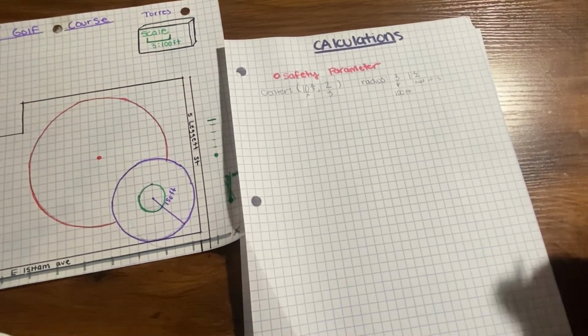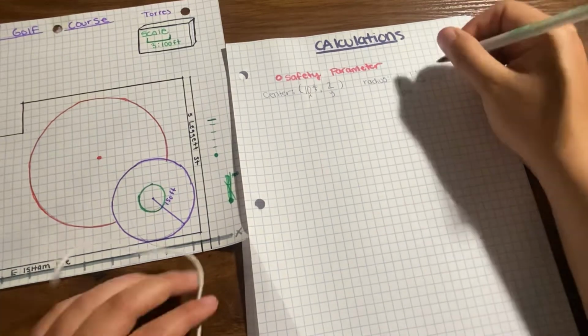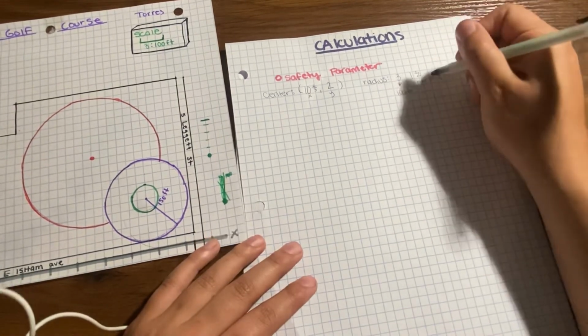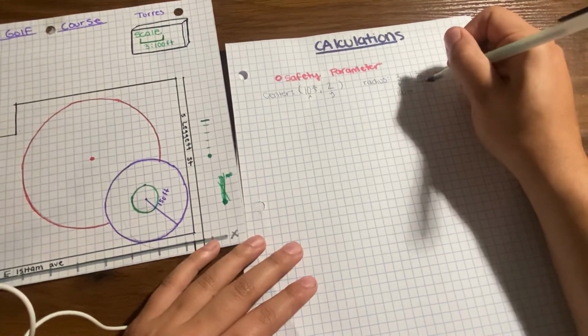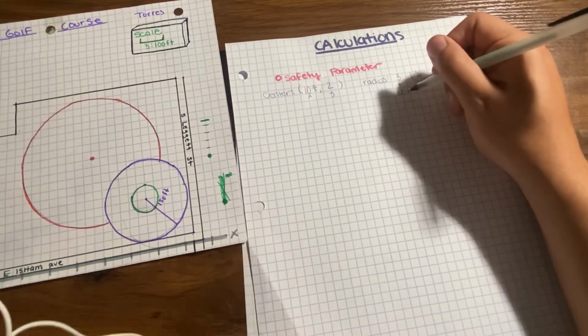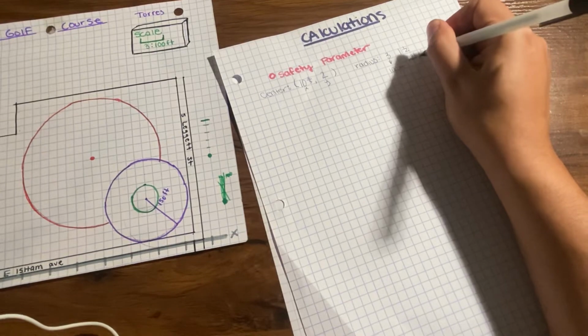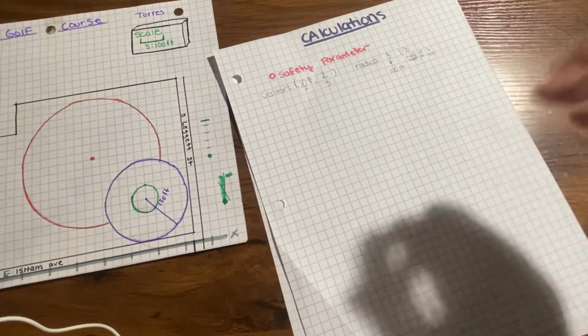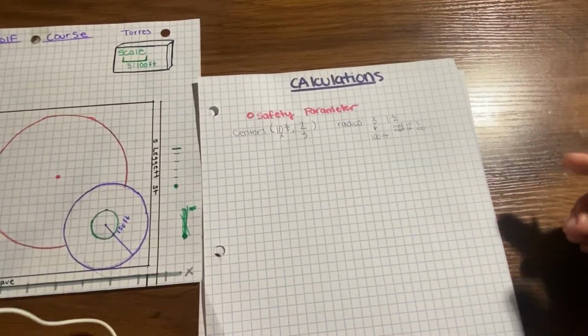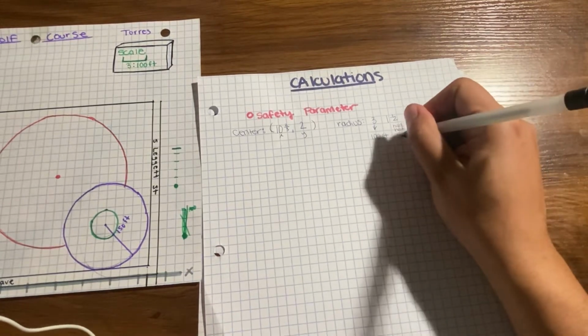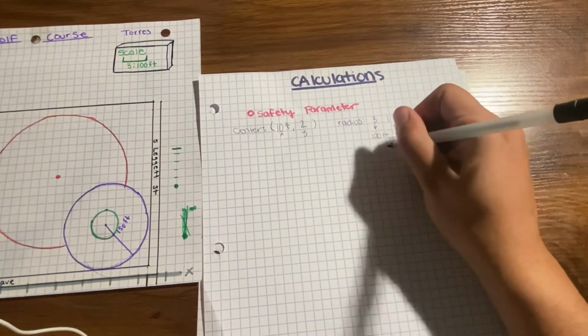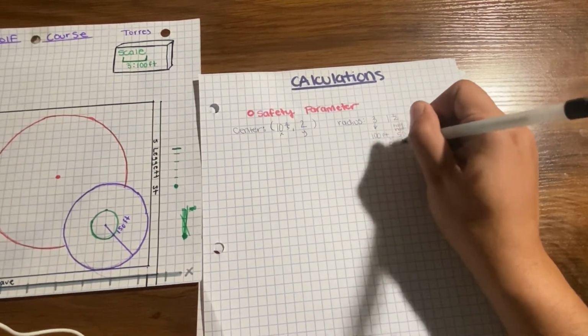You could do 3 divided by 2 and you get 1.5, okay? So if I'm scaling it up, if 1.5 is half of 3, then that means when I scale it up, it's going to be half of 100. Half of 100 is 50. So my radius is going to be 150 feet, okay?